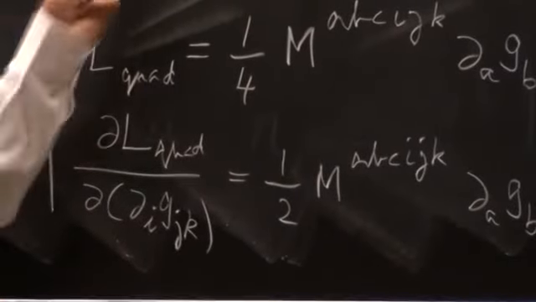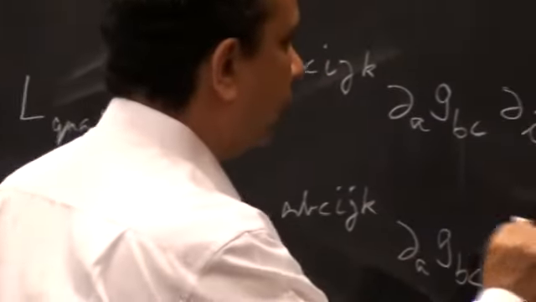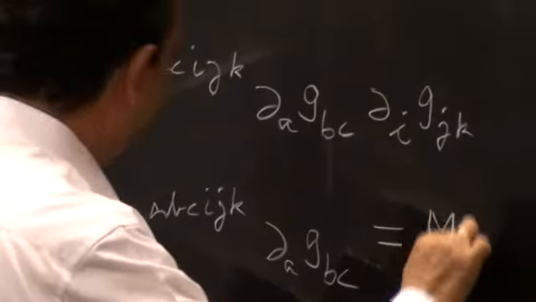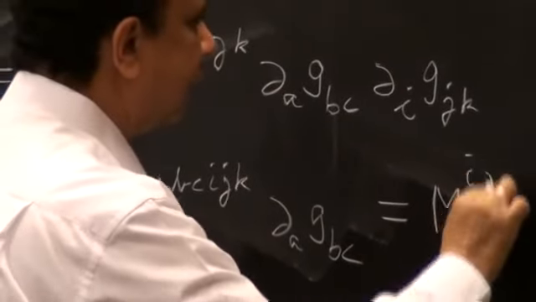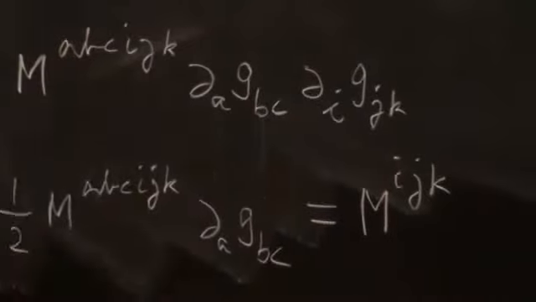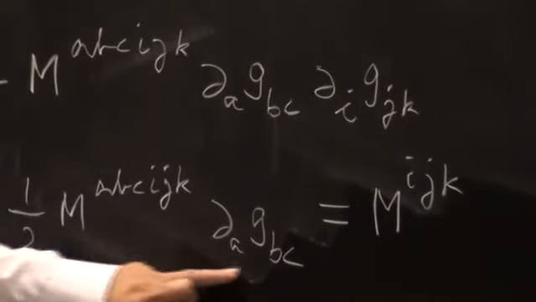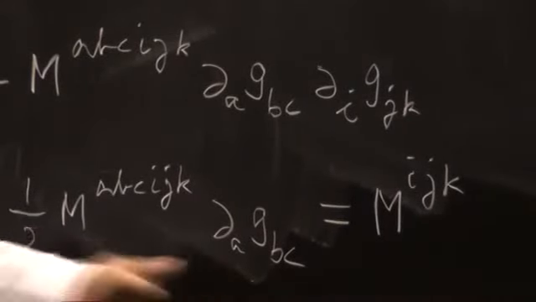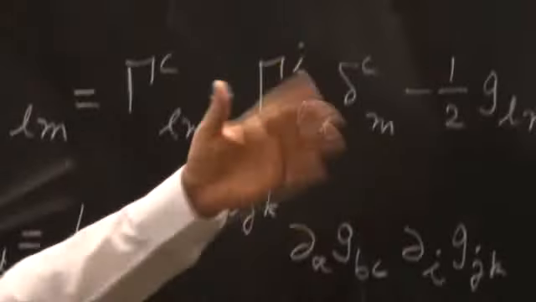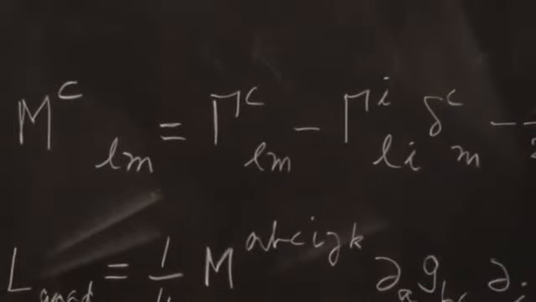If you work this through, you will find that this is identical to this commutator. You will find that this is equal to m I j k. One thing you can immediately verify, this is first order in the derivatives of the metric. Each of these are first order in the derivatives of metric, which is what you would expect.